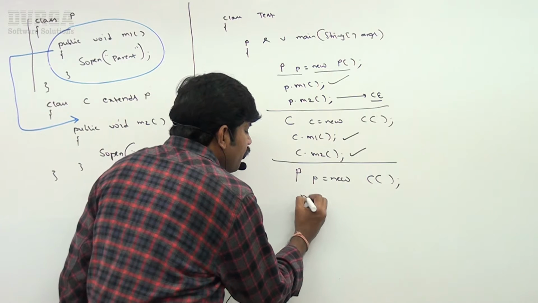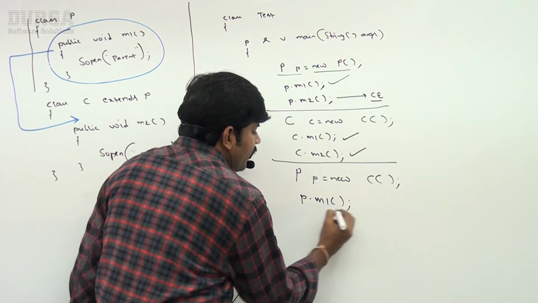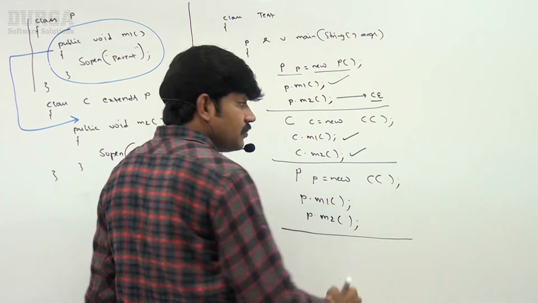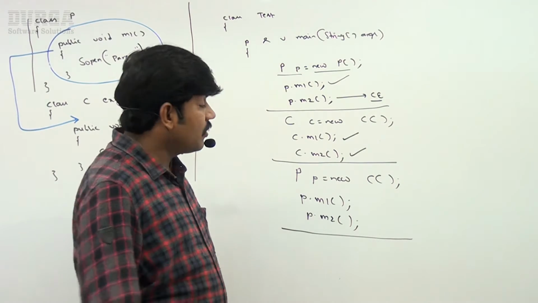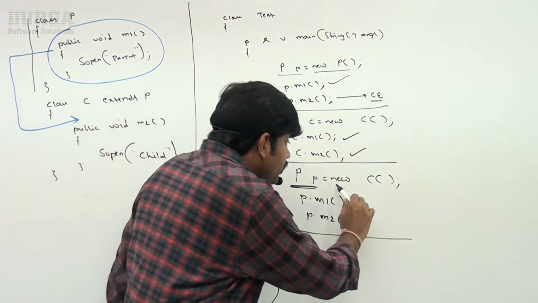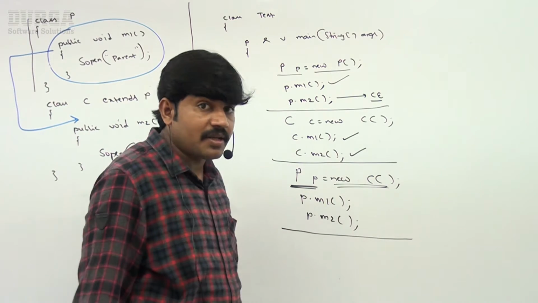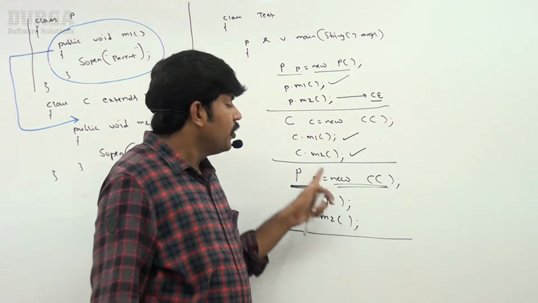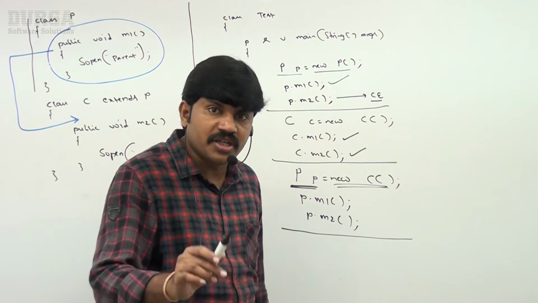Now p.m1() and p.m2(). Can you please tell which reference I'm using? Parent reference. Which object am I taking? Child class object. Parent reference, child object. No problem. A parent reference can be used to hold a child class object.